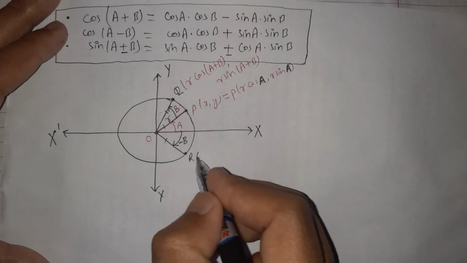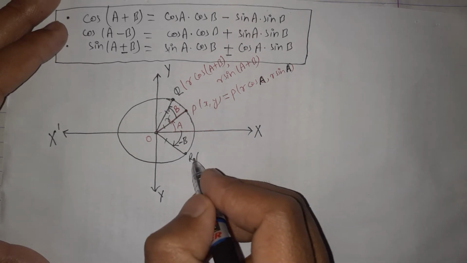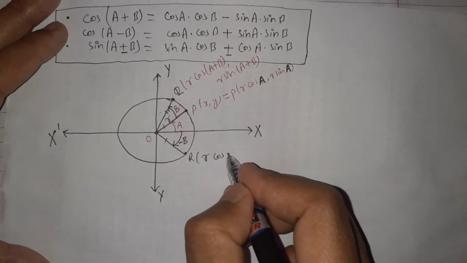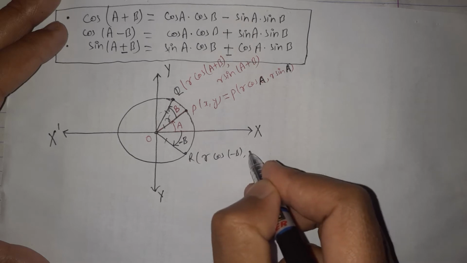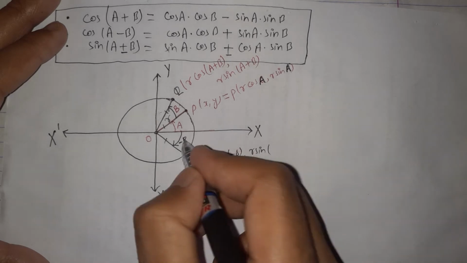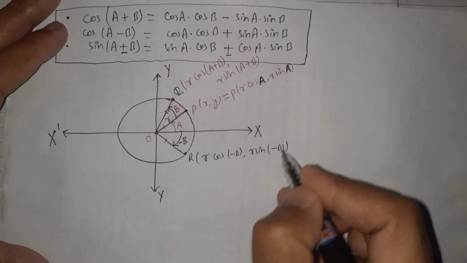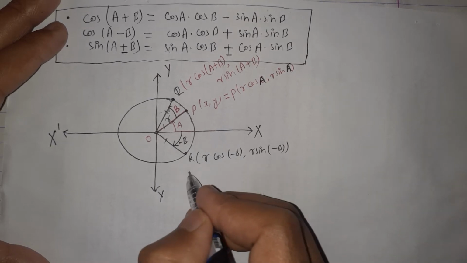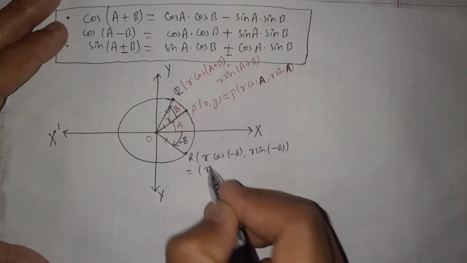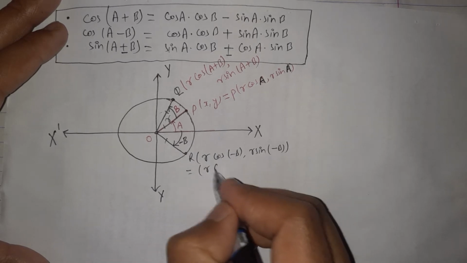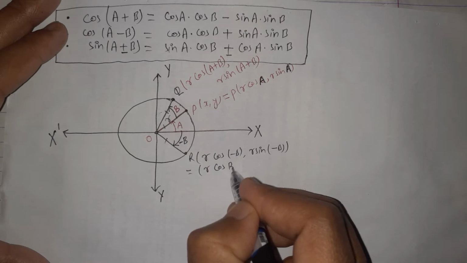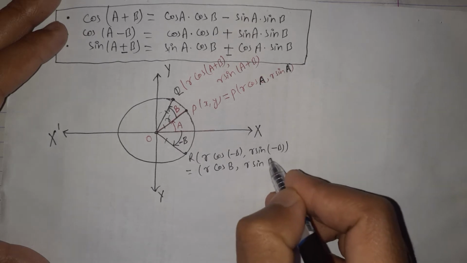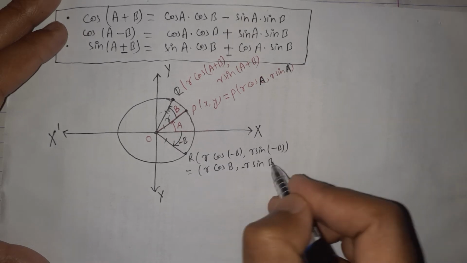So the corresponding polar coordinates for the point R can be written as R cosine of the angle, and here the angle is negative B, comma, R sine of the angle, where the angle is negative B. This can be simplified as R cosine of the positive angle, since cosine of the negative angle is just cosine of the positive angle, comma, and the sine of the negative angle is negative of the sine of the angle.